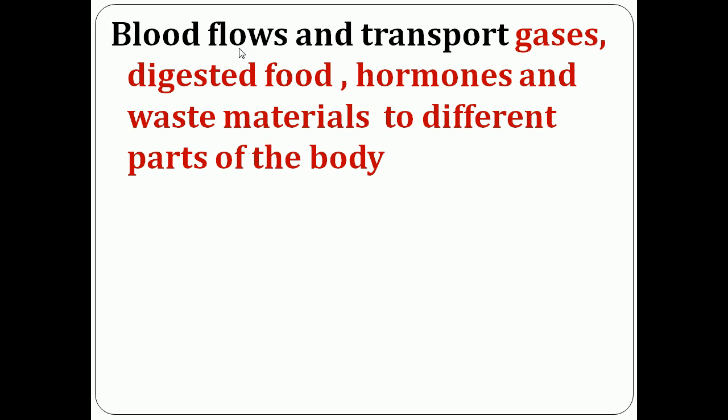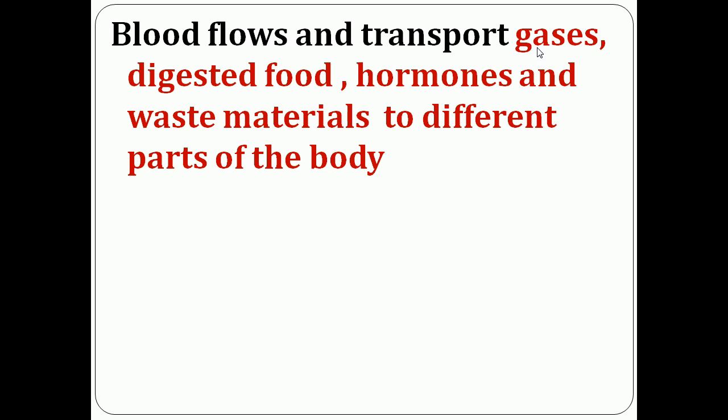Now, blood flows in our body and transports gases, digested food, hormones, and waste material to different parts of the body. So, what is the function of blood in our body? It helps in the exchange of gases. It gives oxygen to all parts of the body.